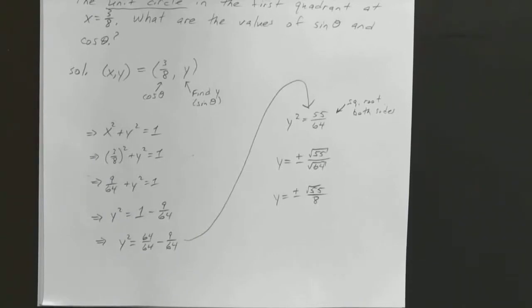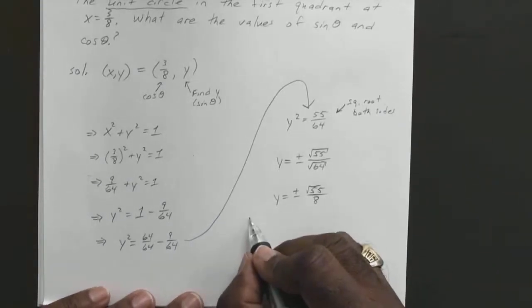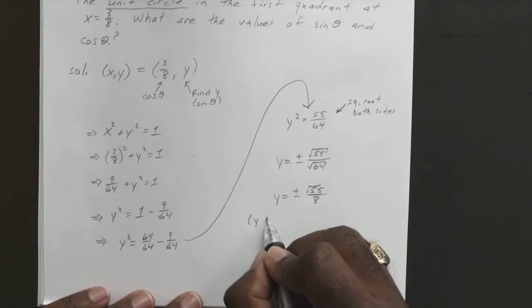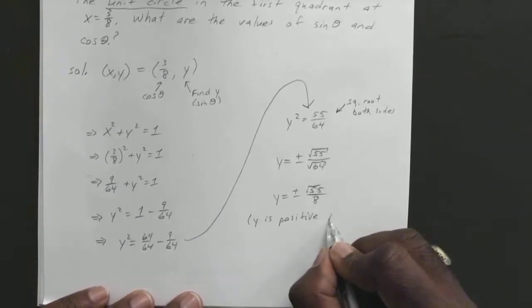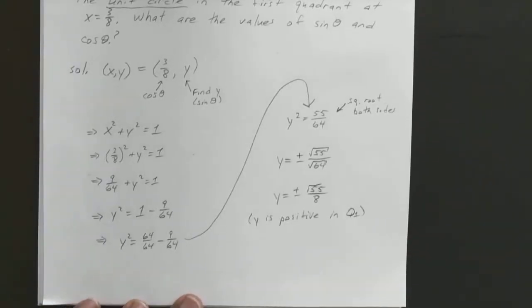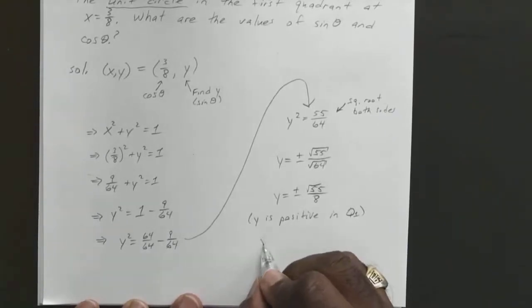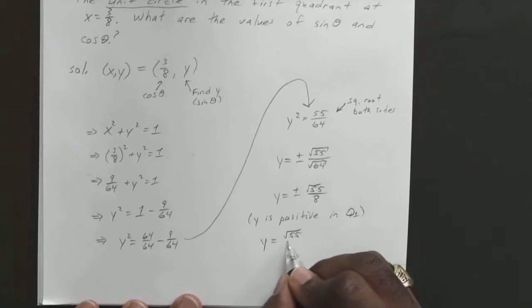Now we know, since it's in quadrant 1, that x and y are both positive in quadrant 1. So we're going to pick the positive one. Remember, whenever they tell you the quadrant, it's for a reason. Okay. So we know that y is equal to square root of 55 over 8.